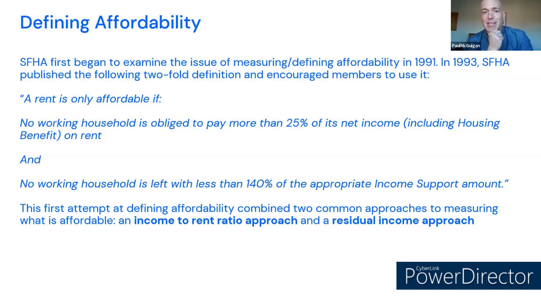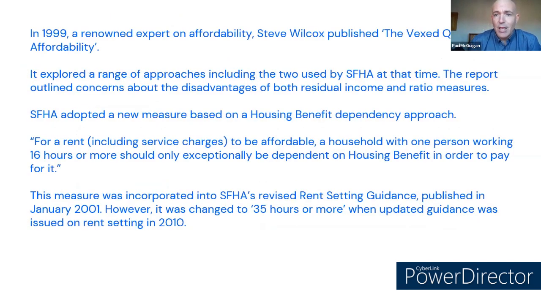Could I get the next slide, please, Karen? Thank you. So as you can see, in 1999, this moved on when an expert on affordability, Stephen Wilcox, published The Vexed Question of Affordability. I think it's still in print, and he explored a range of approaches, and he looked at the SFHA's approach on this at the time, but he had concerns with it. So SFHA then adopted a new measure based on housing benefit dependency.